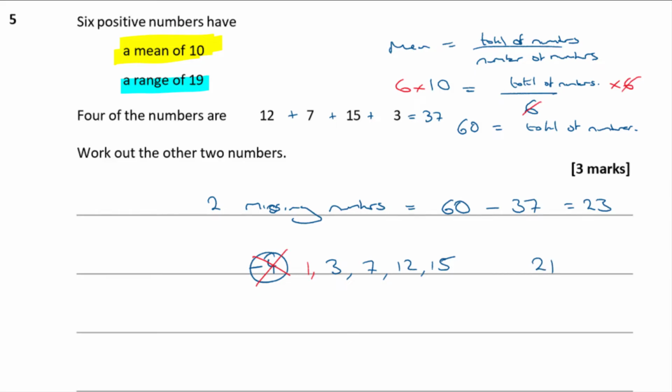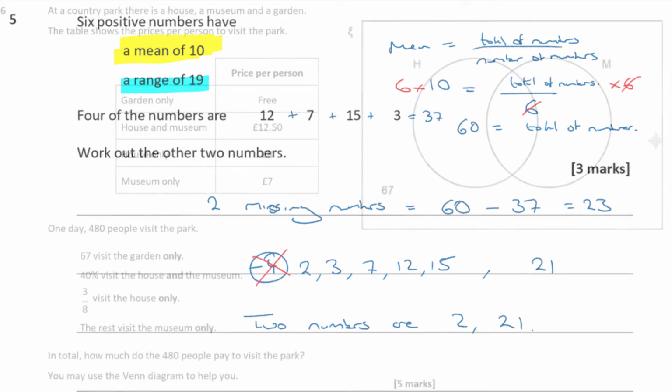Then the lowest number would be 19 less than 21. It would be 2. Does that work? So I've got 2 and 21. That makes 23, and the range between them is 19. So that does seem to work. So 2, 3, 7, 12, 15 and 21. So the two numbers are 2 and 21.